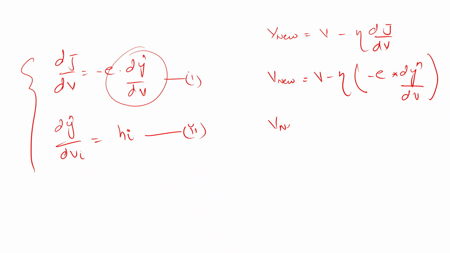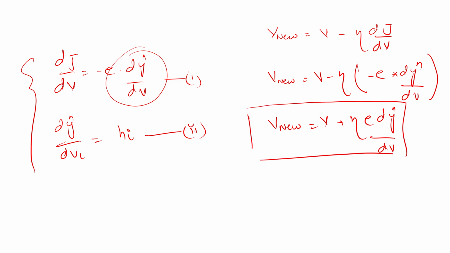So v new becomes v plus eta e dy hat by dv, and we know the value of this estimated function's derivative, which are h1 and h2. When we solve a numerical example in the next slide, you will understand this much better.